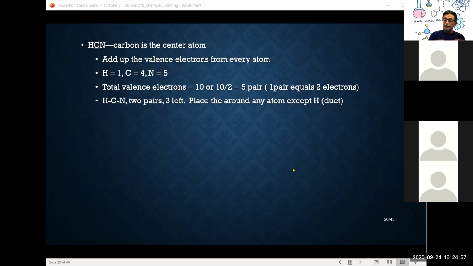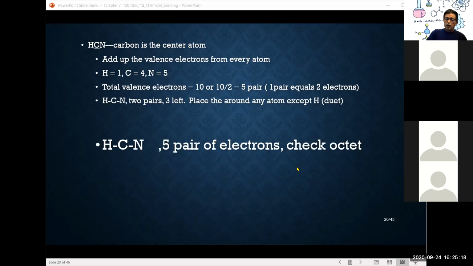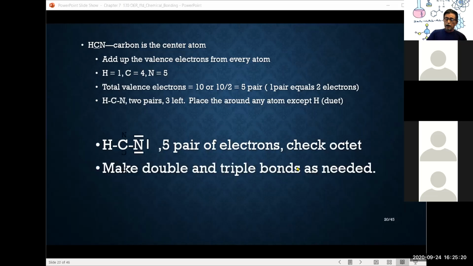And so they can be counted toward hydrogen as 2 or toward carbon as 2, okay, because they're being shared. The nitrogen is sharing that 1 bond, okay, so we got to put them either on the carbon or the nitrogen. And whichever one you put them on, it makes no difference. So we do that, and I can put them in this example here.